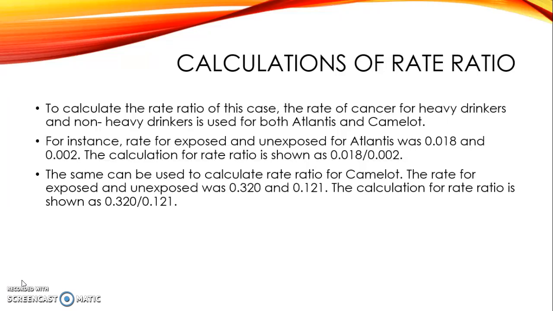The calculation for the rate ratio is 0.018 divided by 0.002, and the same can be calculated for Camelot. The rates for the exposed and unexposed were 0.320 and 0.121, and the calculation is 0.320 divided by 0.121.